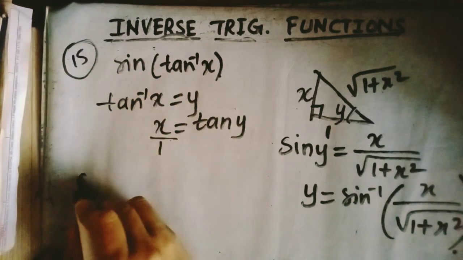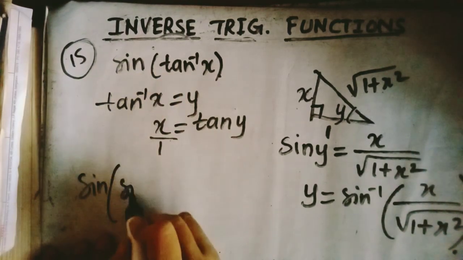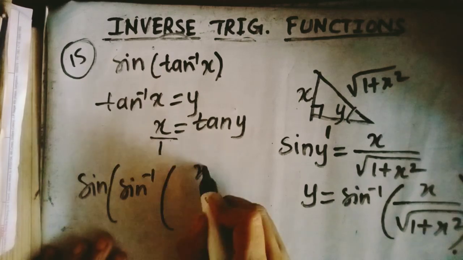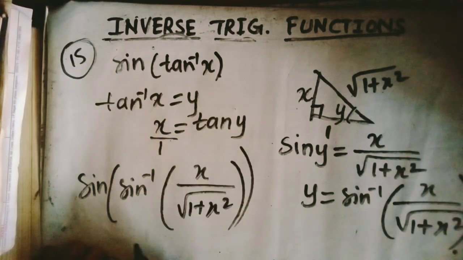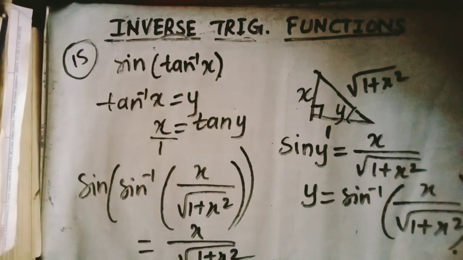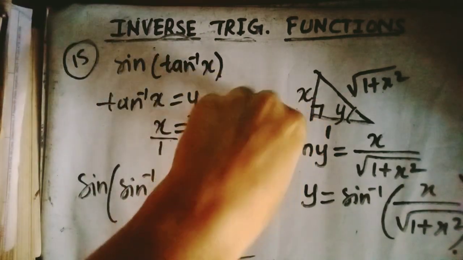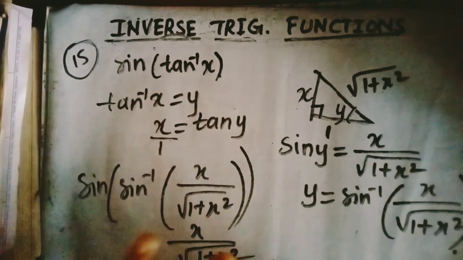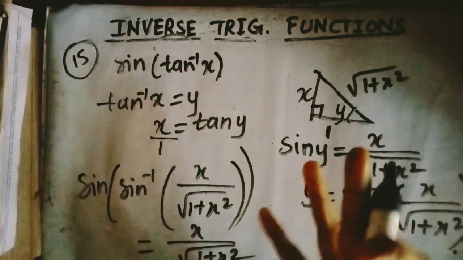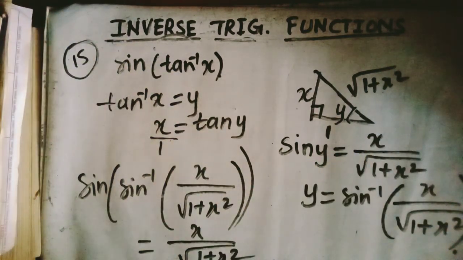So sine of sine inverse x upon root of 1 plus x square. So your final answer is x upon root of 1 plus x square. Okay, so whenever this type of terms are given, you can use the triangle method. Okay, so that you can convert this to sine inverse, so that you can use the sine of sine inverse of x formula. That is the property.